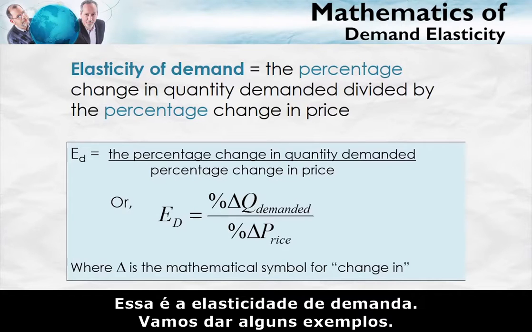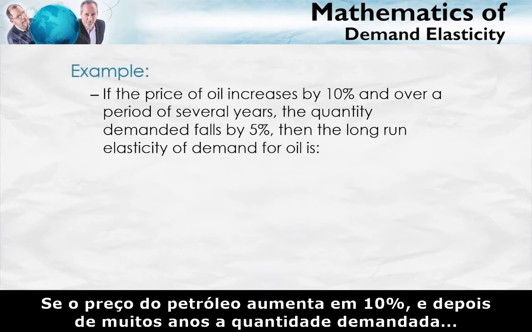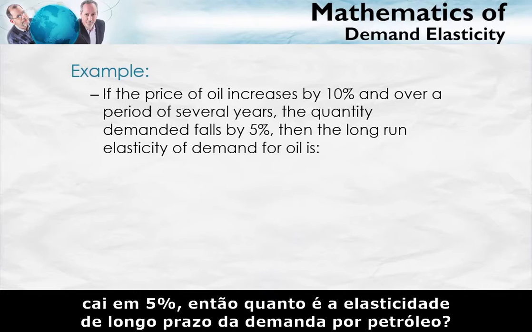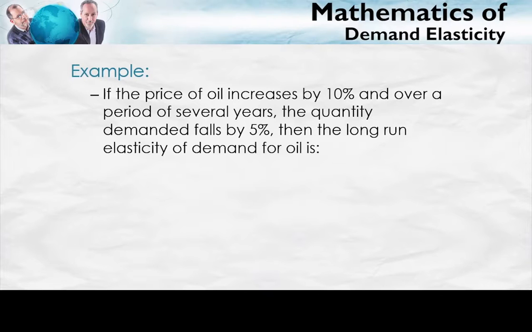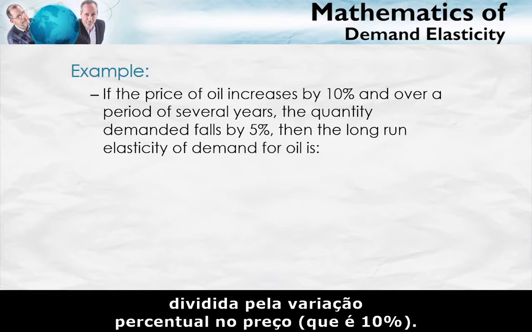Let's give an example or two. So, if the price of oil increases by 10%, and over a period of several years the quantity demanded falls by 5%, then the long-run elasticity of demand for oil is what? Well, elasticity is the percentage change in the quantity demanded, that's minus 5%, divided by the percentage change in the price, that's 10%.